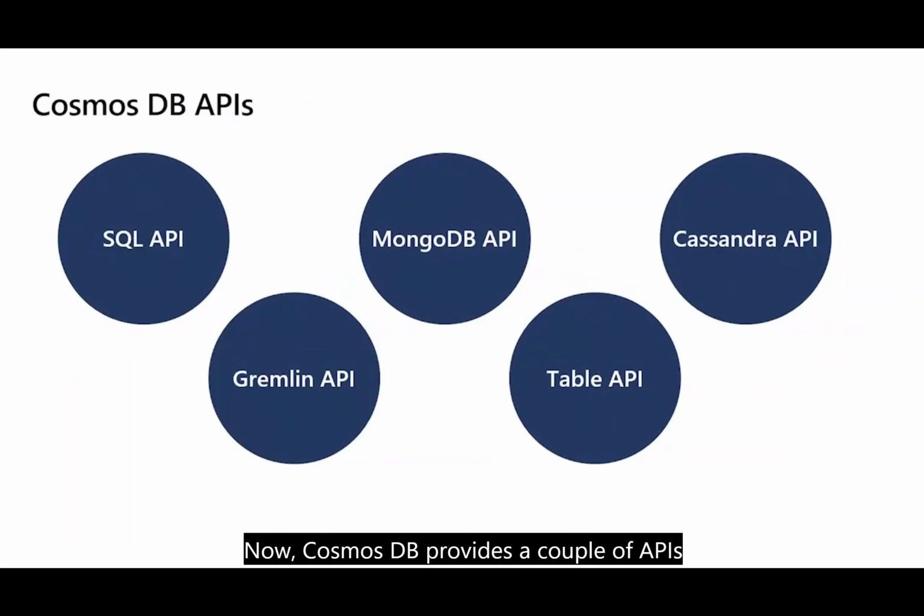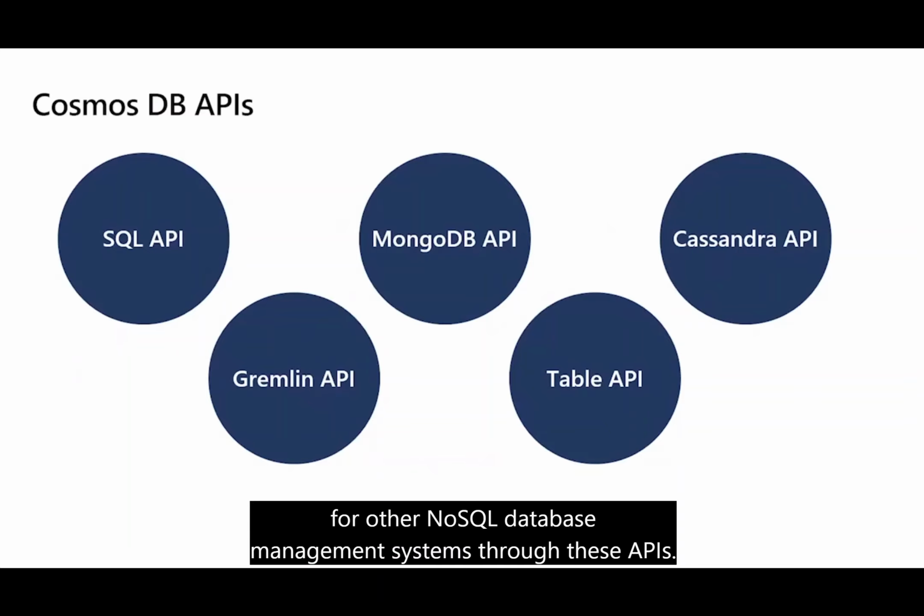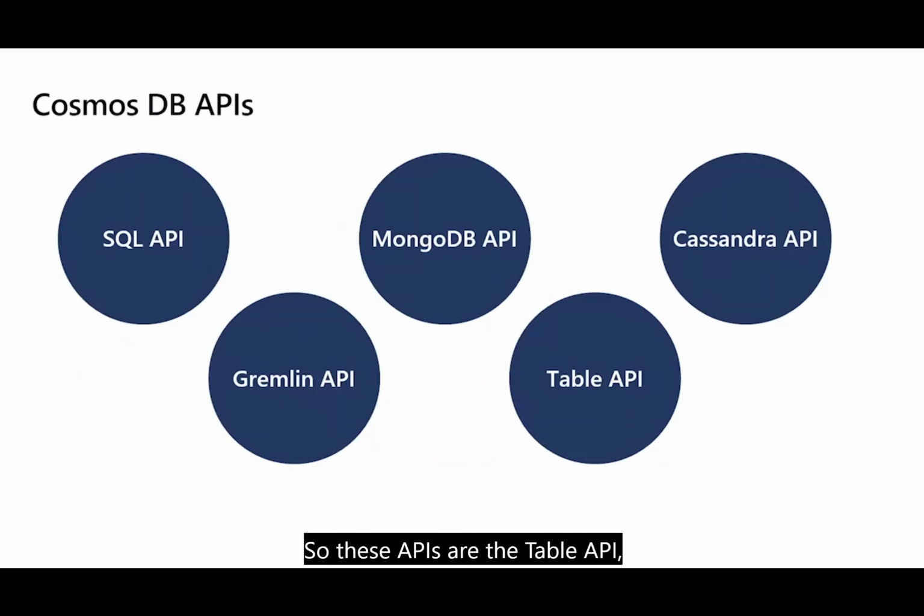Now, Cosmos DB provides a couple of APIs to allow you to access the documents, and it also provides support for other NoSQL database management systems through these APIs. So these APIs are the Table API, the MongoDB API, the Cassandra API, and the Gremlin API.